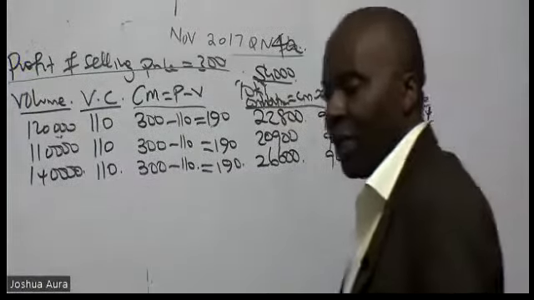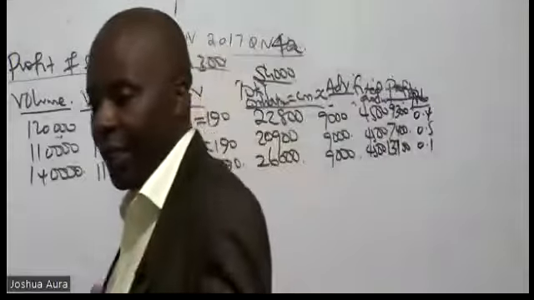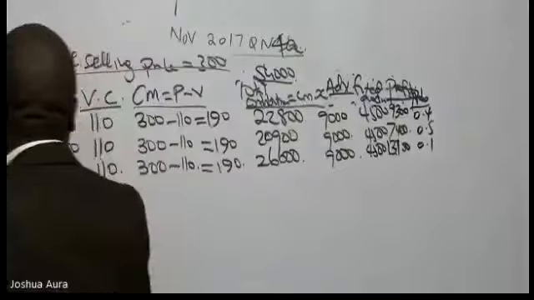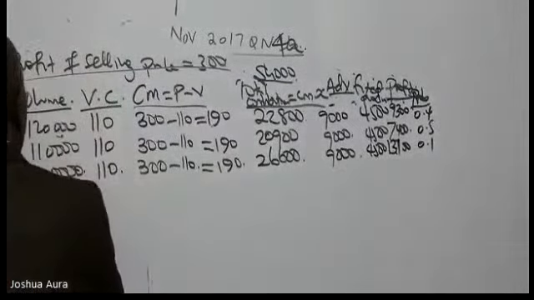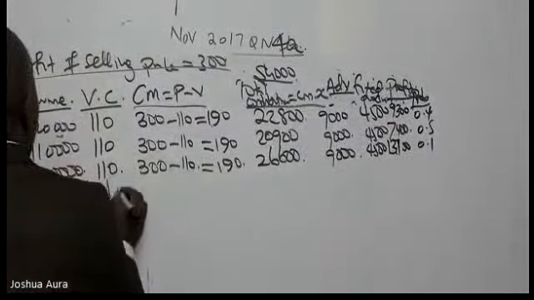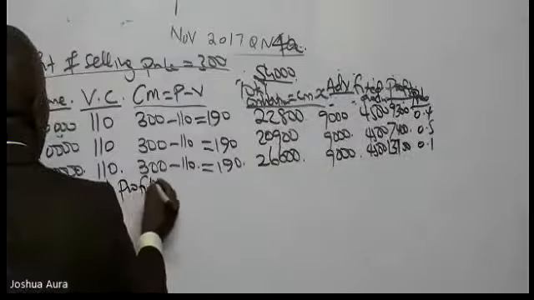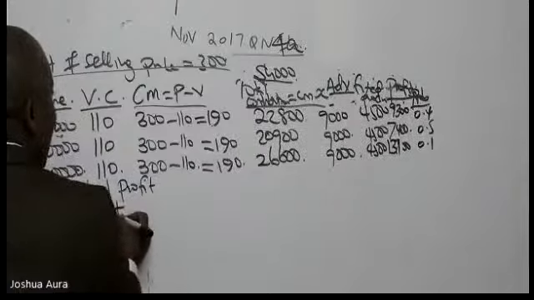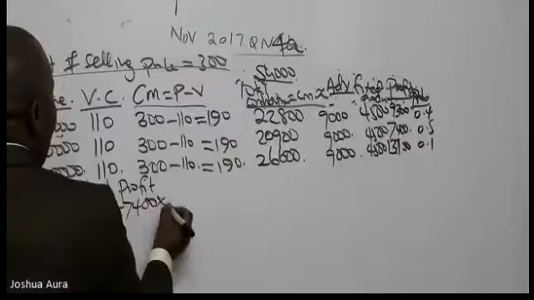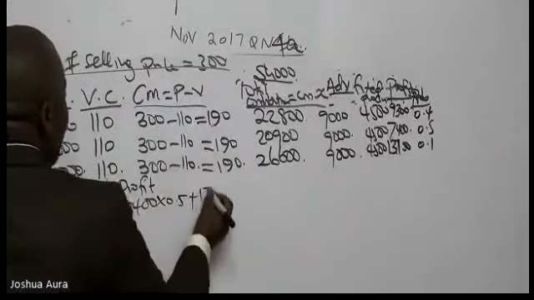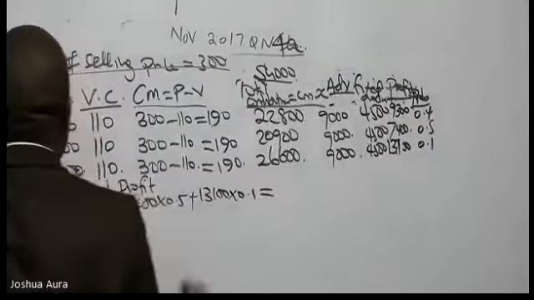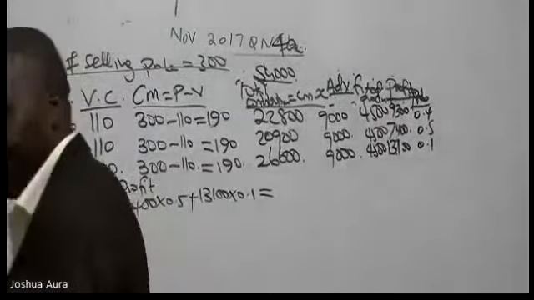So, ladies and gentlemen, what I need to do now with the probability there is give what we call the expected profit. So we have 9,300 times 0.4 plus 7,400 times 0.5 plus 13,100 times 0.1, like that, which will end up giving us what figure, ladies and gentlemen?